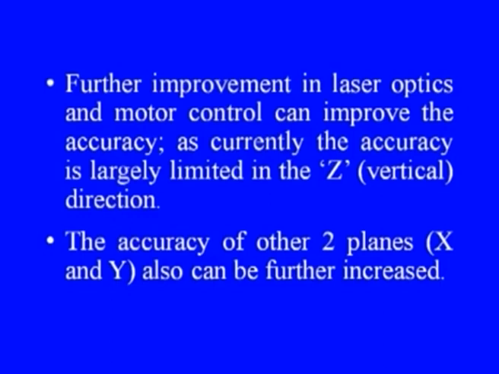The accuracy in the other two directions, x and y, can also be increased further with improvements in CNC technology or the motor control system, because as we know the motors are responsible for giving motion to the table, the printing head or the laser head.